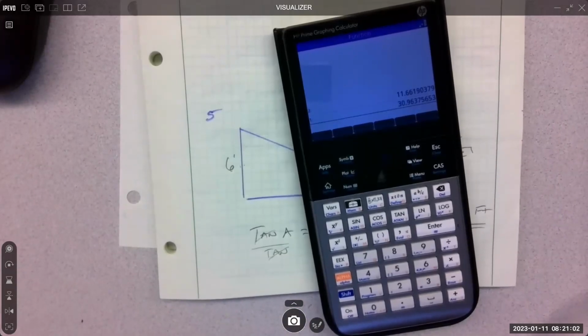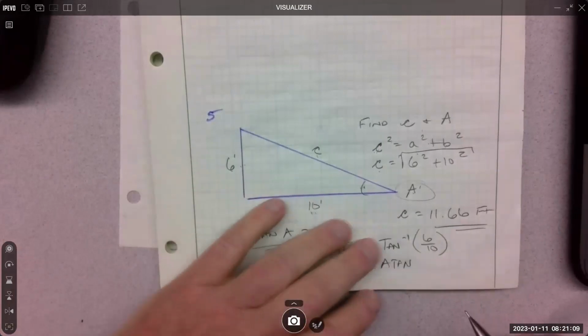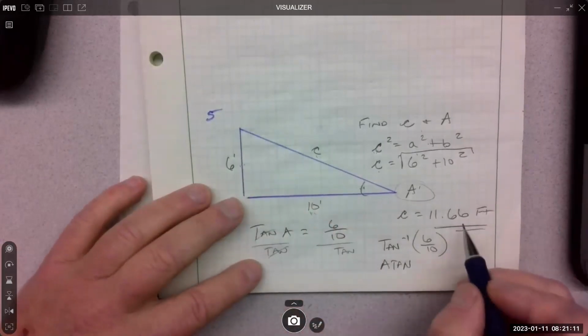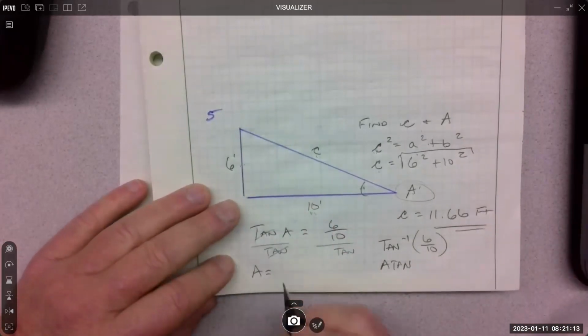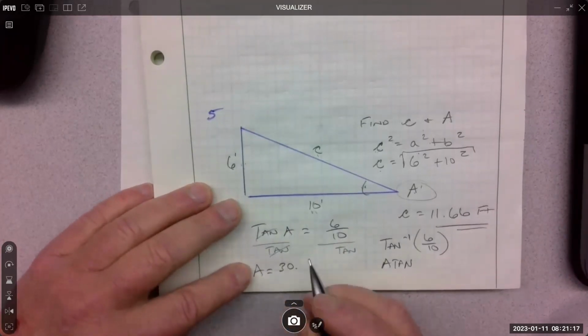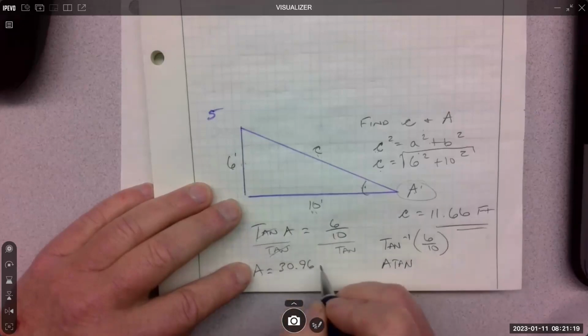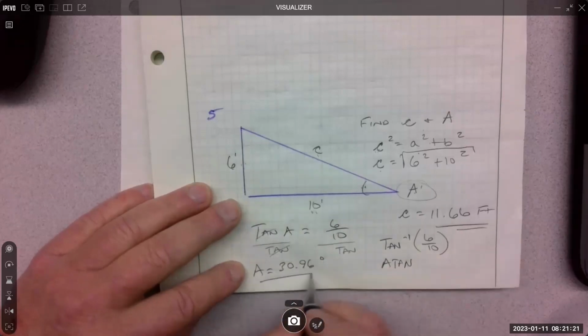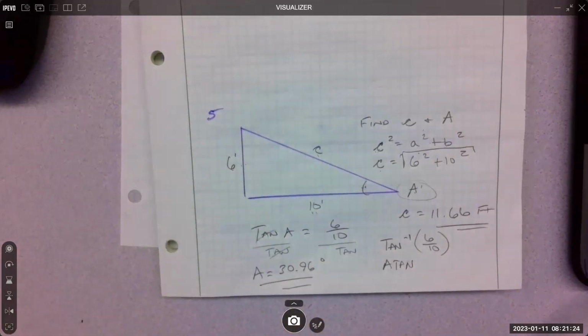If you're in radian mode, you'll get a weird number. So 39.637, what I get? I don't know where to write that. A equals 30.96 degrees. Yeah. Excellent.